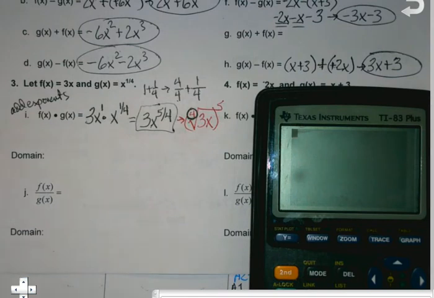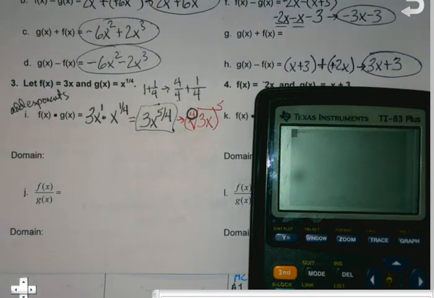Let's see. What if I tried to do, I don't know, negative 4? Negative 4 to the 5/4 power. Uh-oh. Non-real answer. Anytime you have an even root, you can't have a negative. You can't take the square root of a negative.